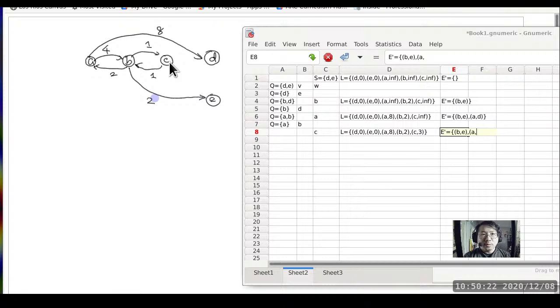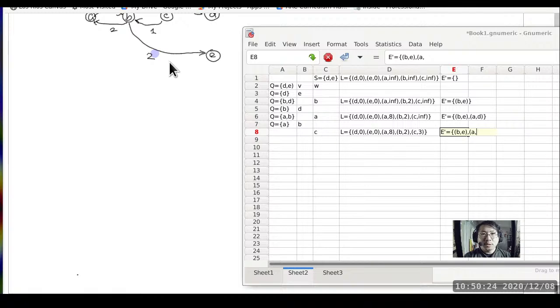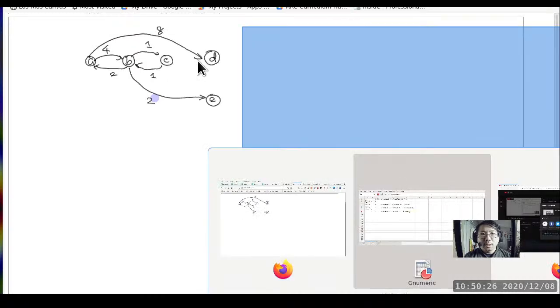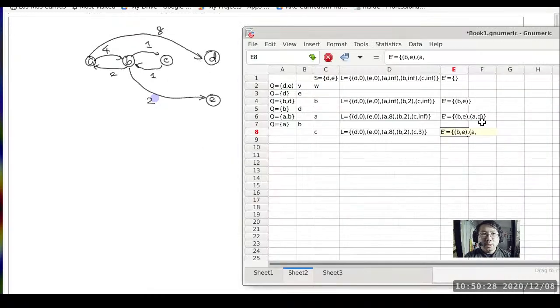So we just have to add the new edge. So AD is still here, but now we have to add the edge CB into E prime, and then we also add C to Q.